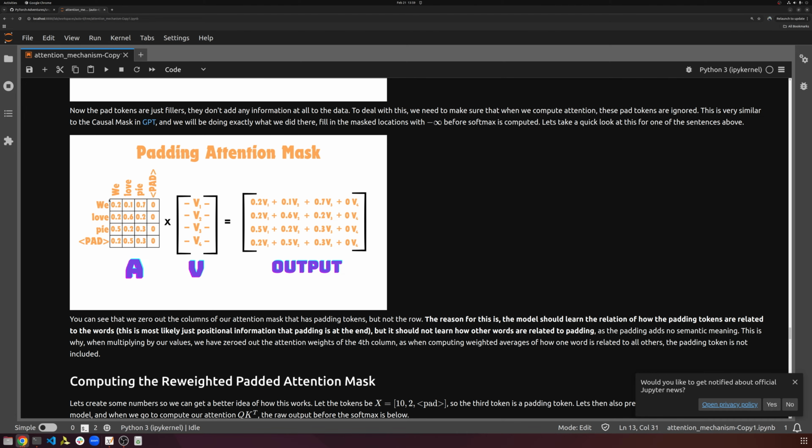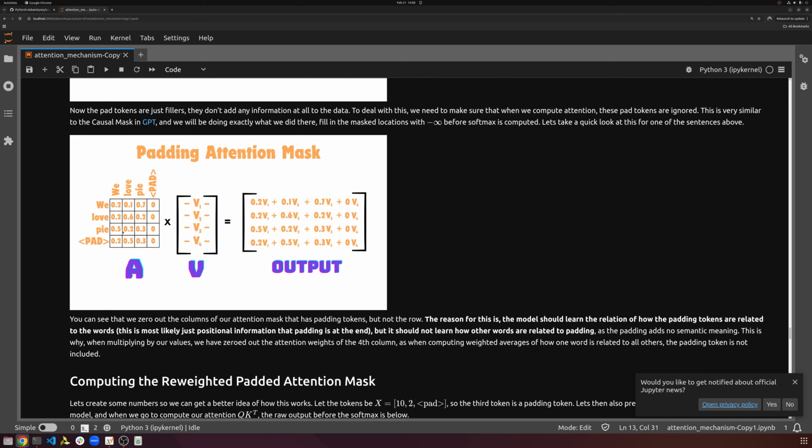But then there's the flip side. How about how pad is related to we? How is pad related to love? How is pad related to pi? This is fine. We don't really care. So remember that later on, these embeddings are going to have to contain some type of positional information. We haven't talked about what that is, but there's going to be some type of positionalness embedded in these vectors that represent each of these tokens.